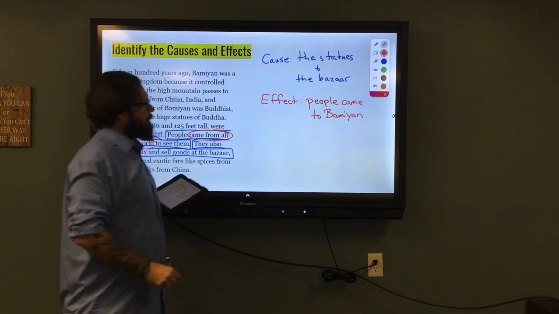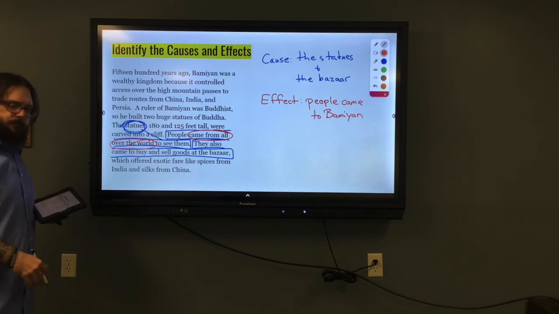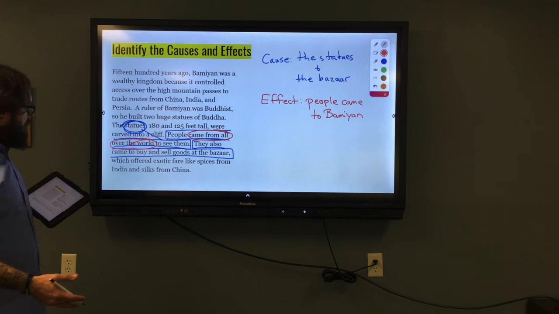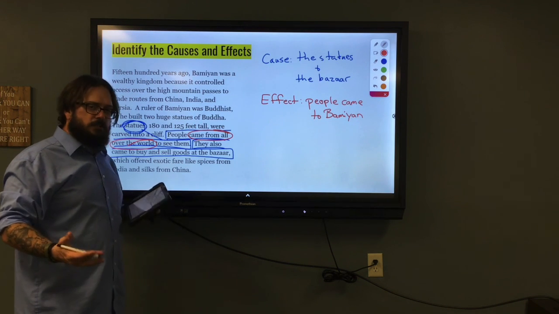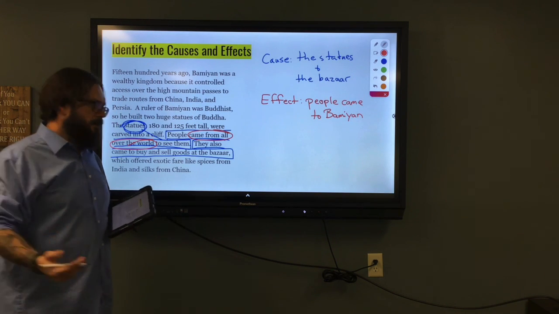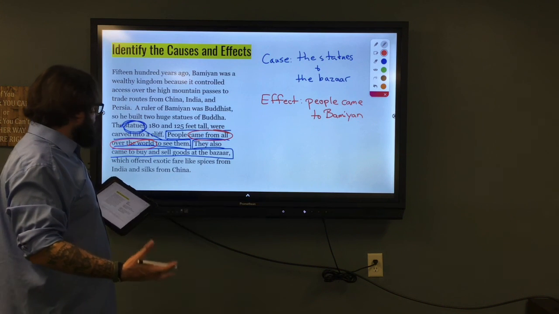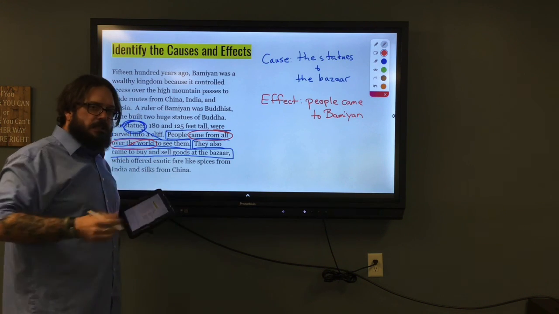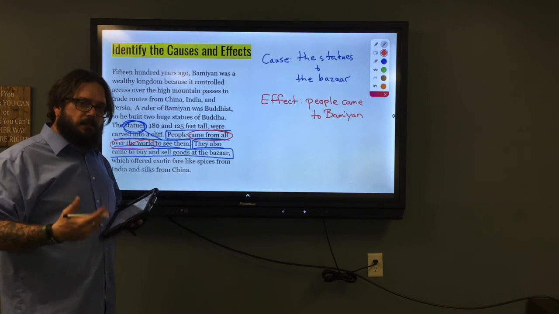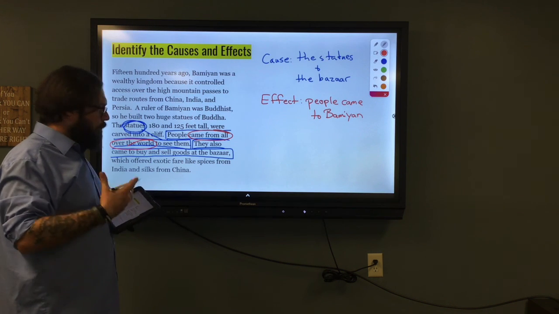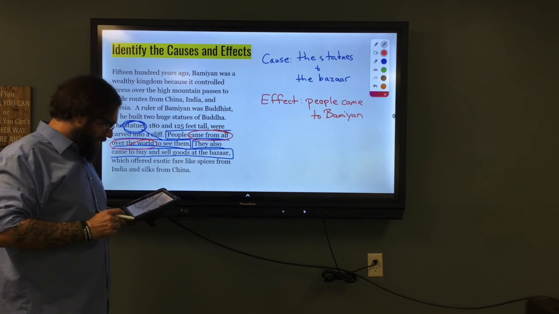So the effect was people came to Bamiyan. In this case, there is no signal word that shows us that cause-effect relationship, but we can clearly see it when we actually look at the text and read the information the author has given us.